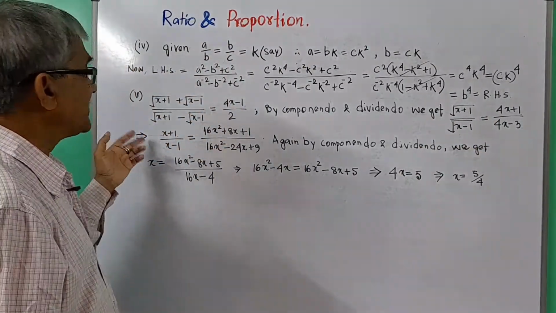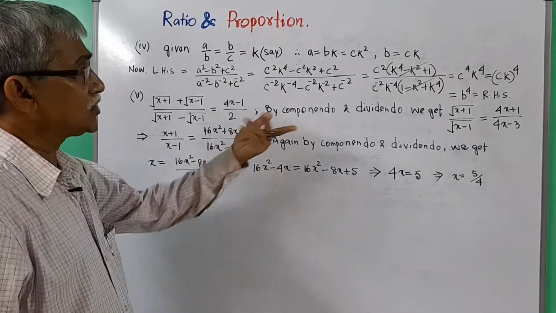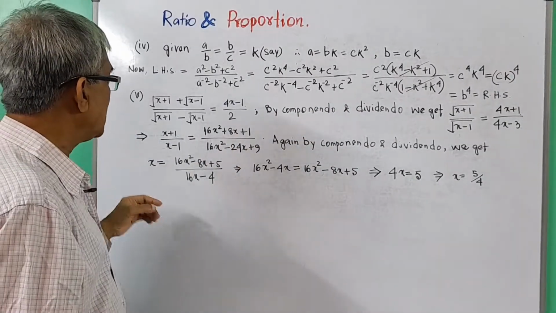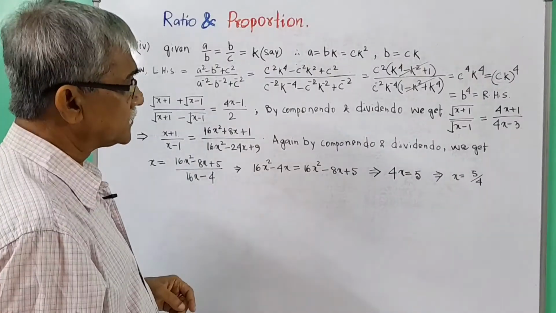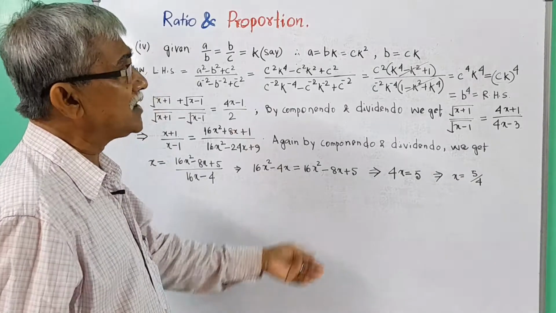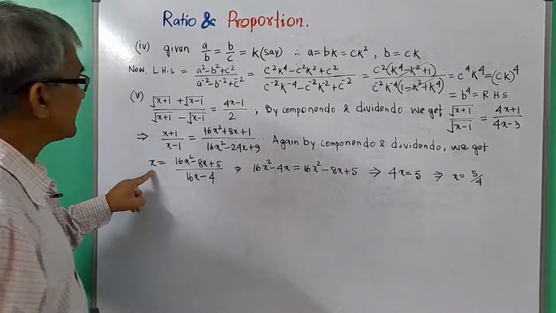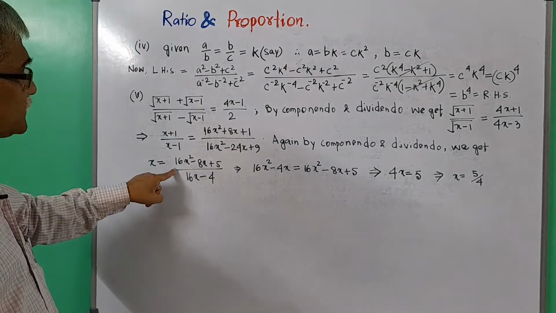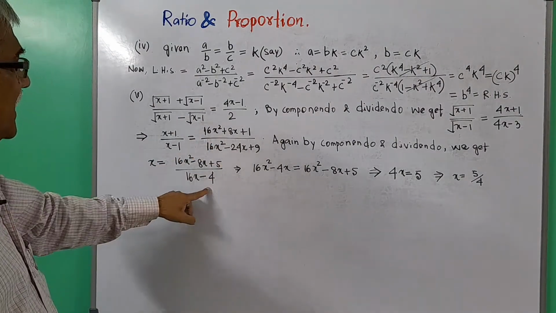Now I have squared it up. This portion I have squared up and the root on both sides is gone. So it is x plus 1 by x minus 1 is equal to this thing. So again we are doing componendo and dividendo. This way you get that x is equal to 16x square minus 8x plus 5 upon 16x minus 4.